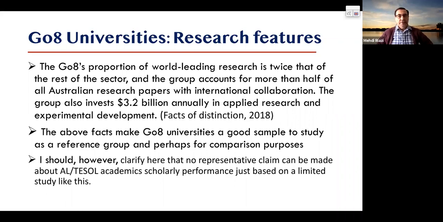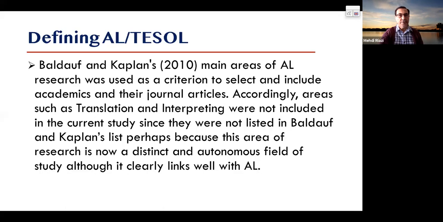So these facts make the Group of 8 universities a good sample to study as a reference group and perhaps for comparison purposes. I should, however, clarify here that no representative claim can be made about Applied Linguistics TESOL academics' scholarly performance just based on a limited study like the one that I'm presenting.